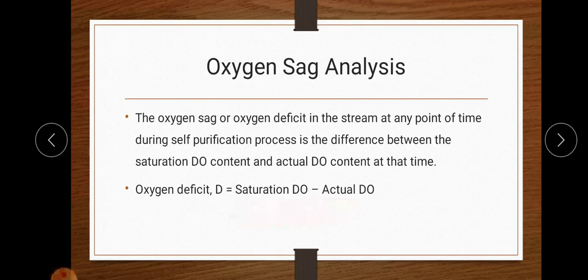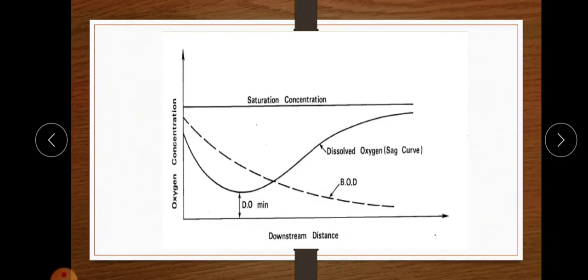And this can be found out by knowing the rates of deoxygenation and reoxygenation. So we have to find what the rates of deoxygenation and reoxygenation are, and that is explained through oxygen sag analysis. This curve shows the variation of oxygen concentration with the downstream distance.